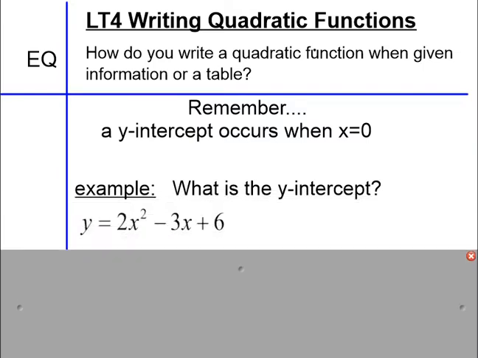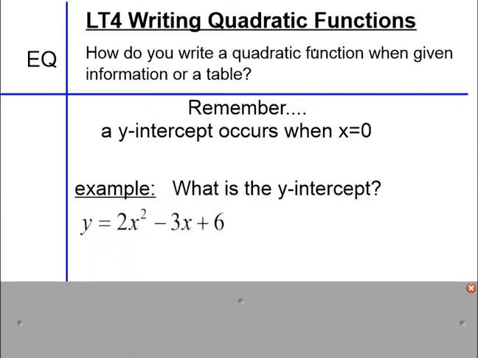So for example, what is the y-intercept for the equation y equals 2x squared minus 3x plus 6? To do this, we need to input 0 and see what the output is, the y. So I'm going to replace all the x's with our 0.